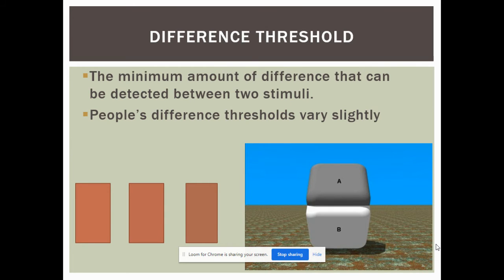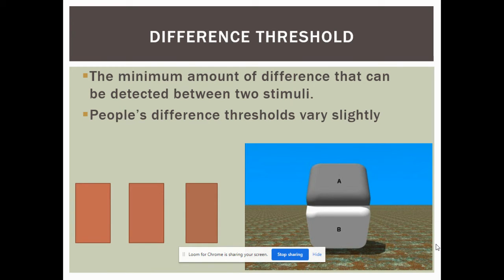Now, the difference threshold is a little bit more acute, a little bit more unique, but it simply boils down to the minimum amount of difference that you can detect between two very similar stimuli. We often see this a lot with shading, colors, lighting. All of those things are going to be unique.